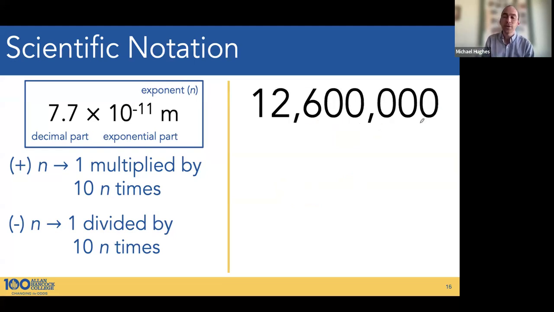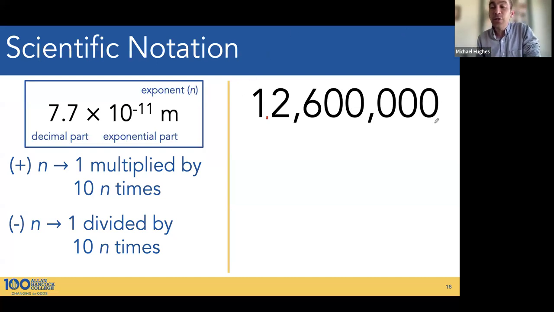Let's try another one. So this is a number that's more than 1, more than 10. We're going to be multiplying this in the positive direction, 12,600,000. And so our number between 1 and 10 is going to be 1.260000.